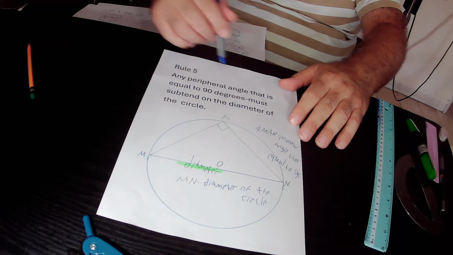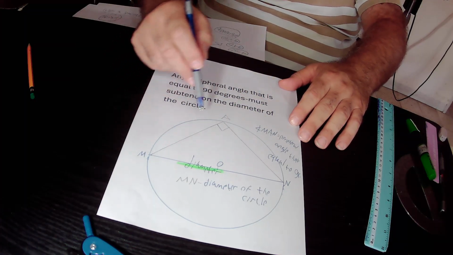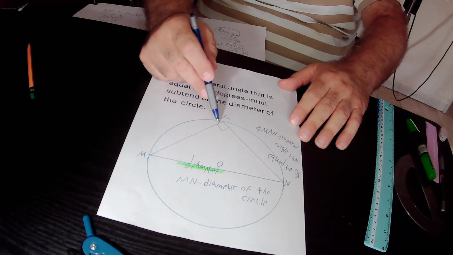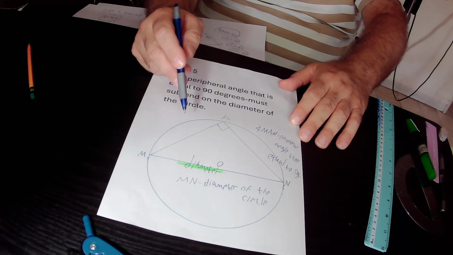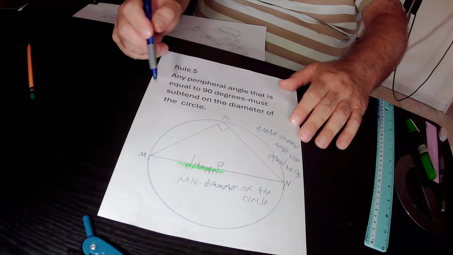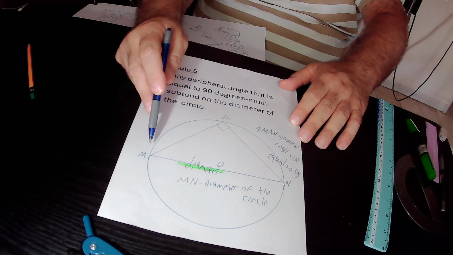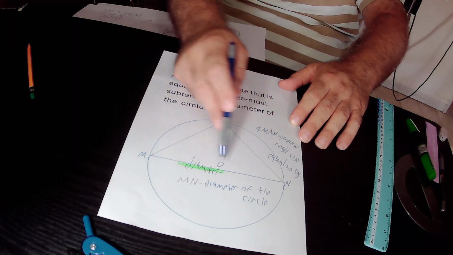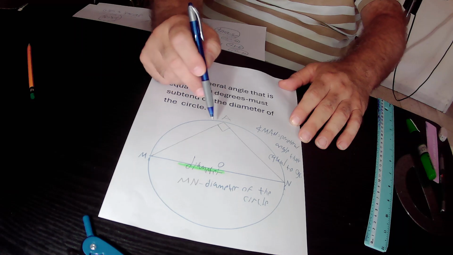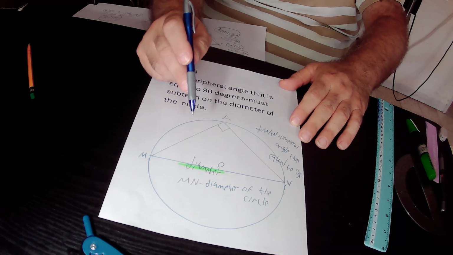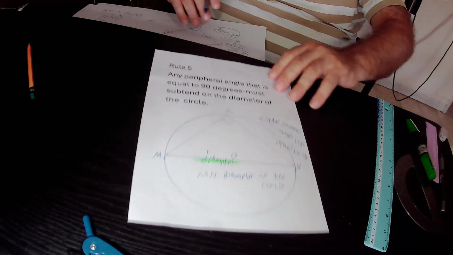In the normal case we have a circle. This is peripheral angle MAN that equals 90 degrees in size, and therefore peripheral angle MAN must subtend on the diameter of this circle, and indeed peripheral angle MAN subtends on MN, that is the diameter of this circle. So according to Rule 5, any peripheral angle that equals 90 degrees in size must subtend on the diameter of the circle.